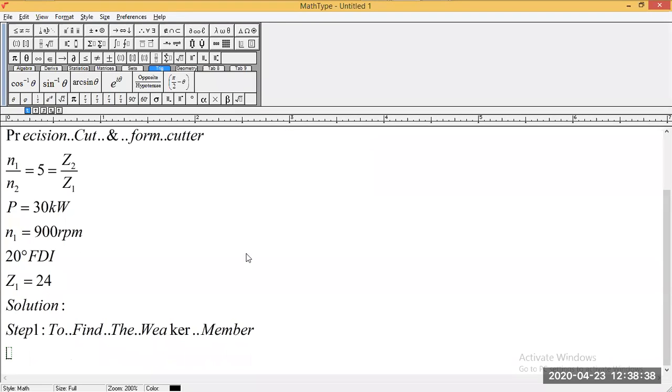Also in the same step, we need to find delta 1, delta 2, right? ZE1, ZE2. So all these things also let us note down.